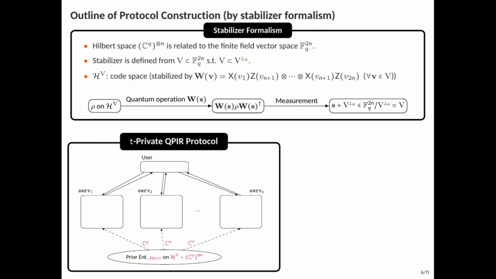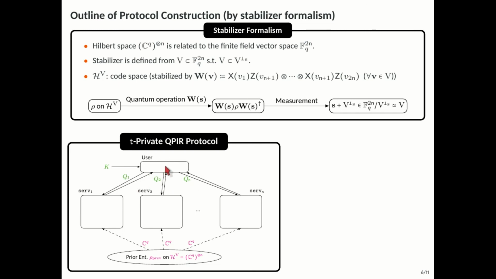So using this process, we construct our QPIR protocol. So first, the initial state of the servers is prepared on this code space, and it is distributed to the servers. And then the user chooses the K and encodes this K as queries and sends the queries.